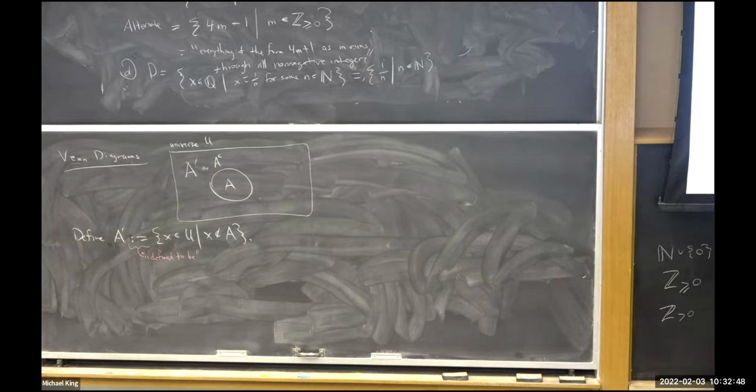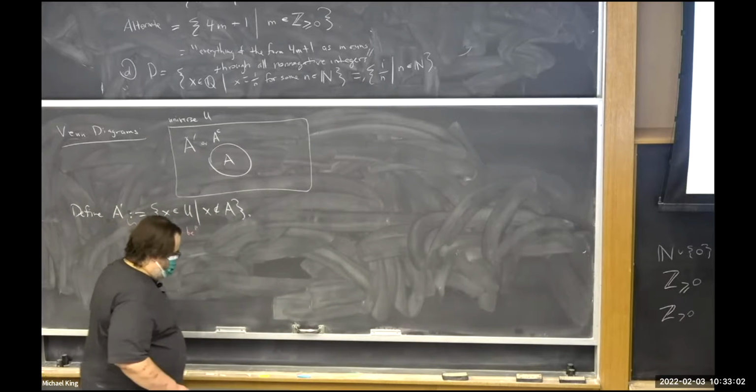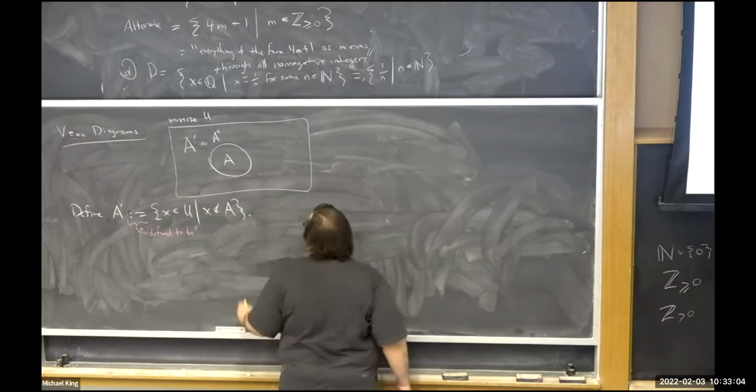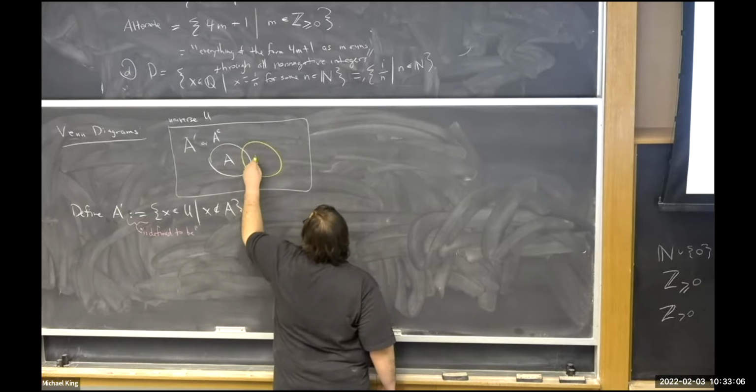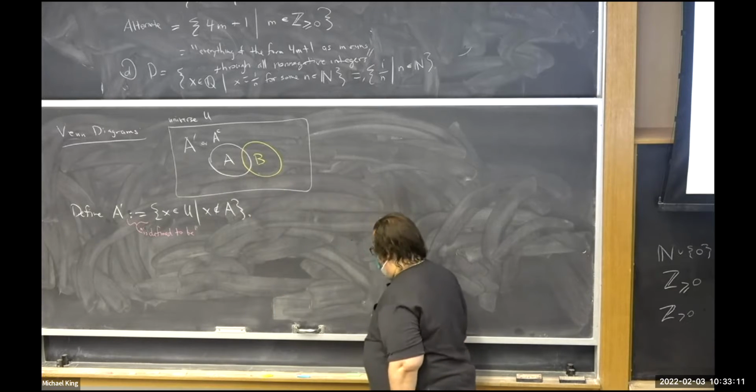Now the question I wanted to talk about was, how do we prove things? A lot of times you want to prove that one set is a subset of another set, or really that two sets are equal. So let me throw another set in here, B. That's your standard Venn diagram you're used to looking at.